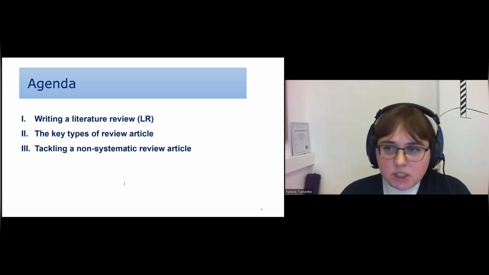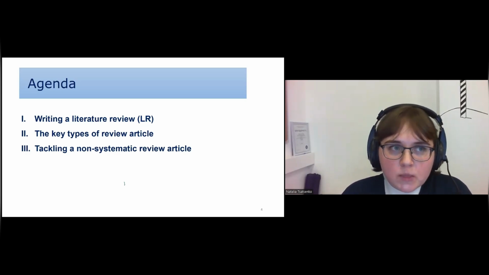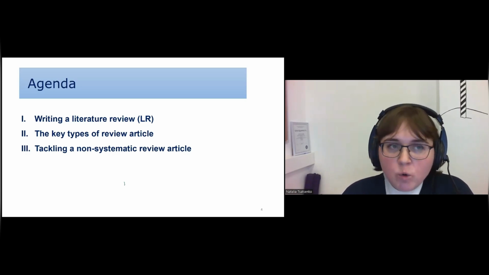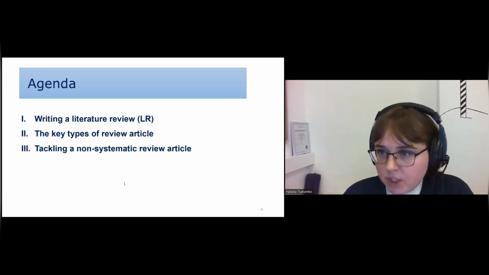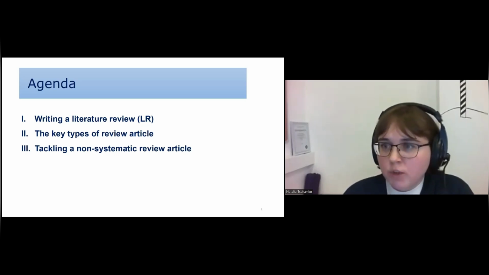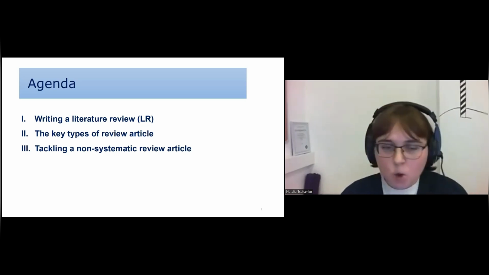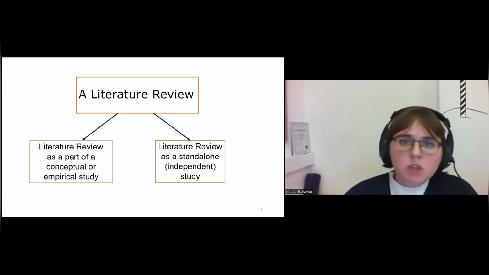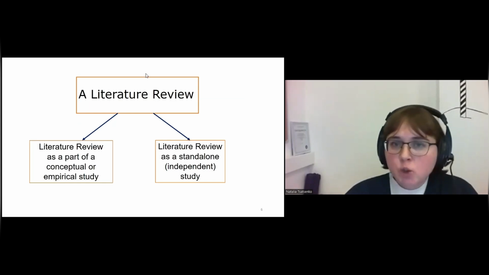In the second big step, we will see that a literature review as an independent study can have different types. And in the third, the last part of our seminar today, I would like to draw your attention to a particular type of review: the non-systematic review article, because this is the original type of review article, which comes from long years ago.